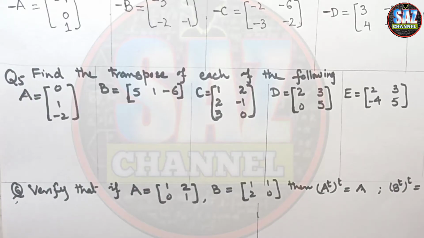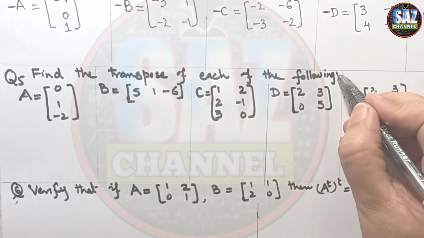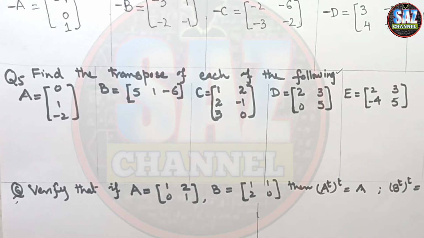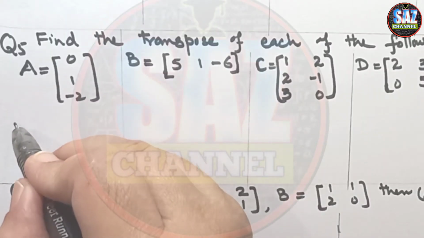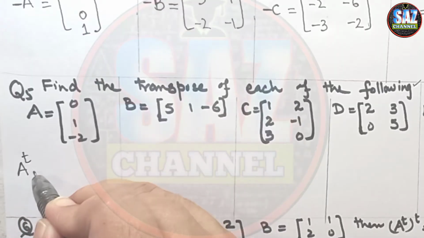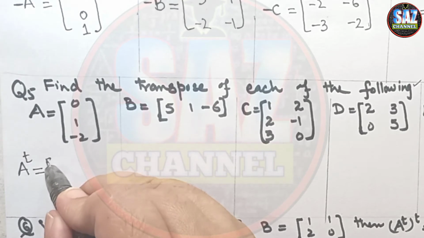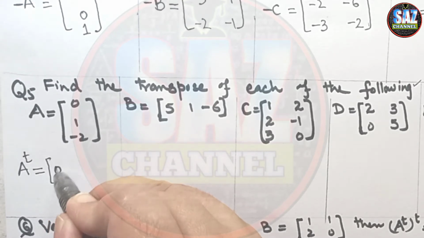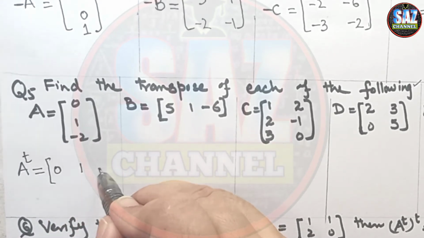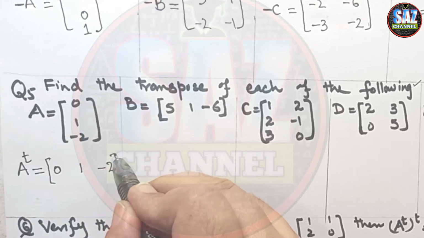Question says that find the transpose of each of the following. And we know that the transpose of the matrix is the matrix which is obtained by changing the rows into columns and columns into rows. So the transpose of first matrix is marked as A transpose, and as this is in single column, it will be turned in form of the row, and transpose of this will be 0, 1 and minus 2.